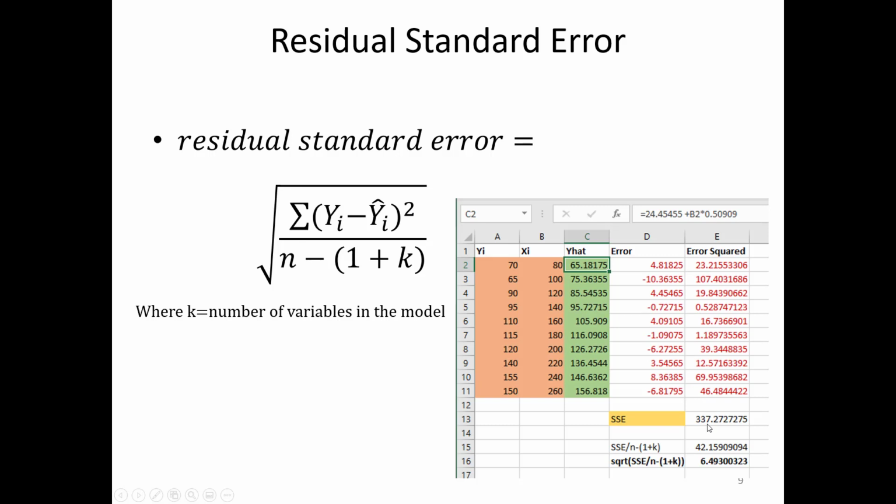And then I summed the squared errors, and then I divided by 8 because we have 10 observations, minus 1 plus 1, and then took the square root, and I got 6.493 as the residual standard error. And again, this is a measure of how far away the observed y values are from the predicted line.